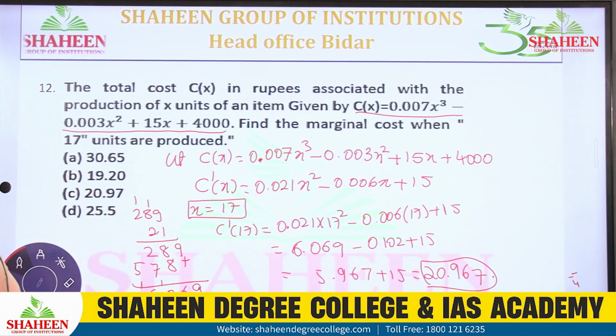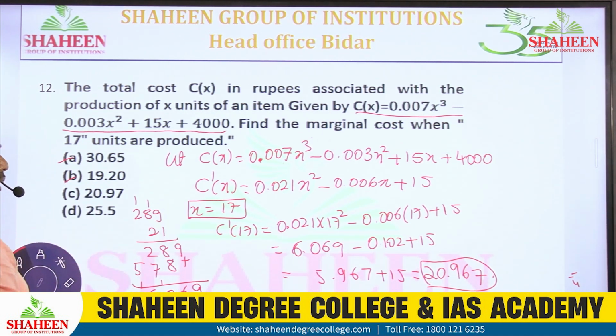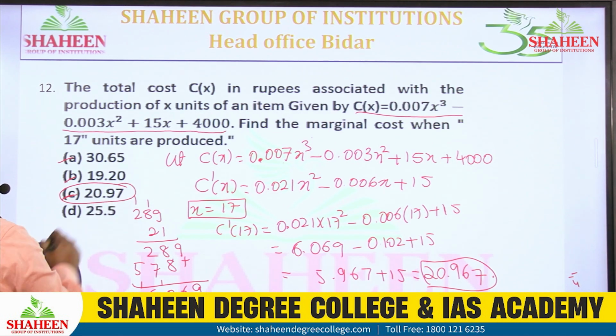If you search the options, the first option is 30, but our answer is 20 point something. Here this is 19.20, that is 20.96. Here we have 20.97, and 20.97 is nearest to 20.96. So this is our correct answer. The last option is 25 point, but our answer is 20 point.